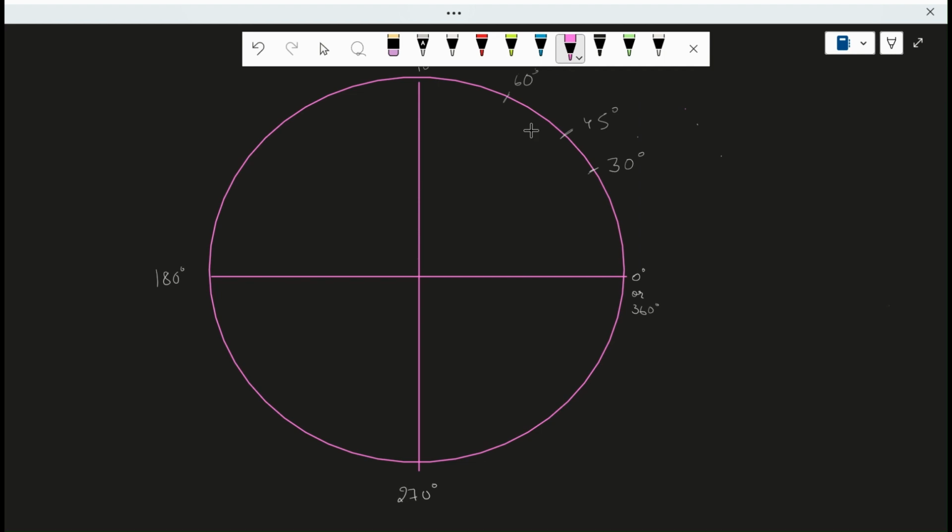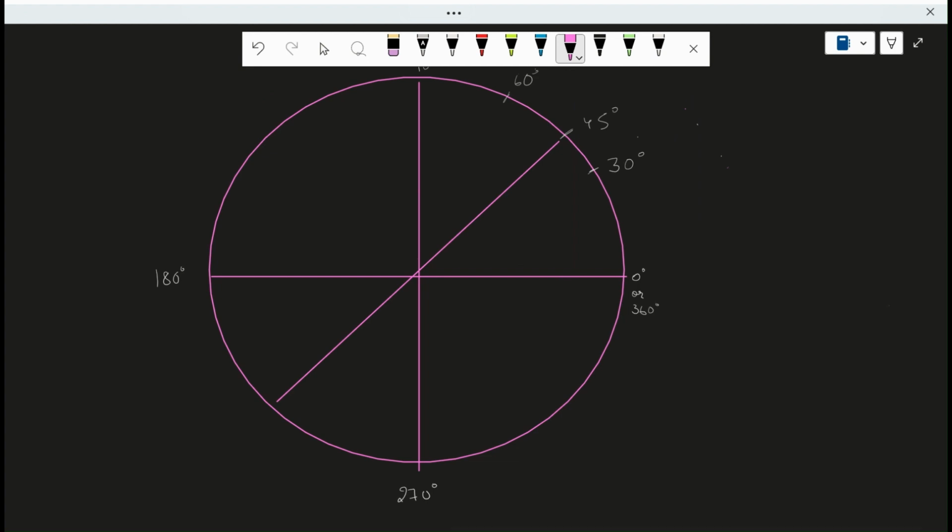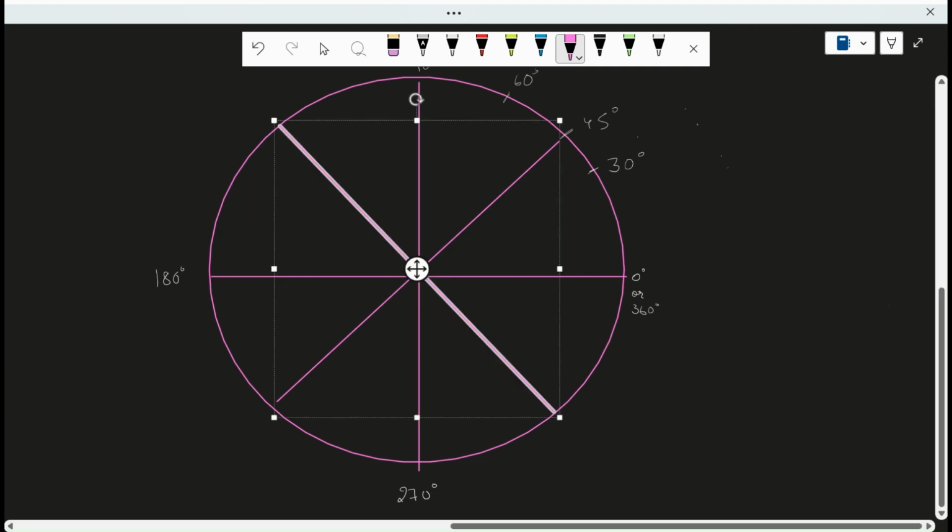So if we divide the circle like this, if I join these points here and bisect the first and third quadrant, similarly I take another line and bisect the second and fourth quadrant, what do I see?